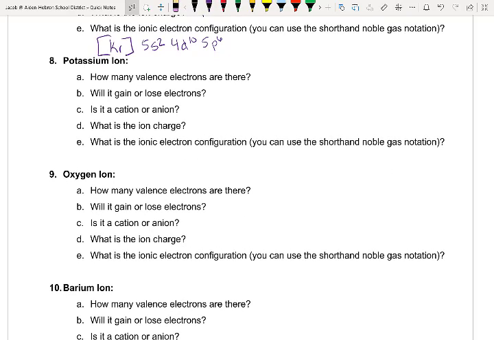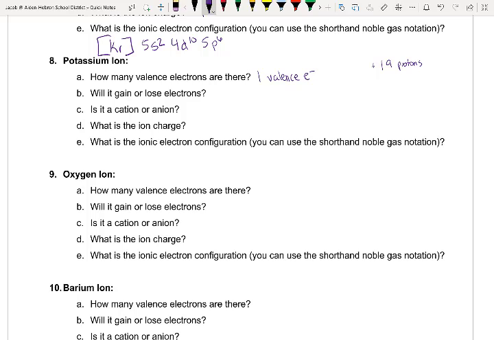All right, potassium ion. Potassium has 19 electrons in it, 19 protons in it. Valence electrons, it only has 1. It is in that very first column, so that's the quickest way to find that. Again, first column has 1, all of them do. Will it gain or lose electrons?